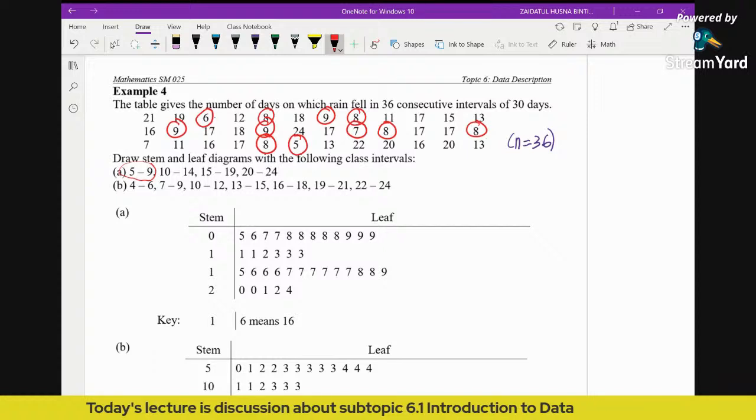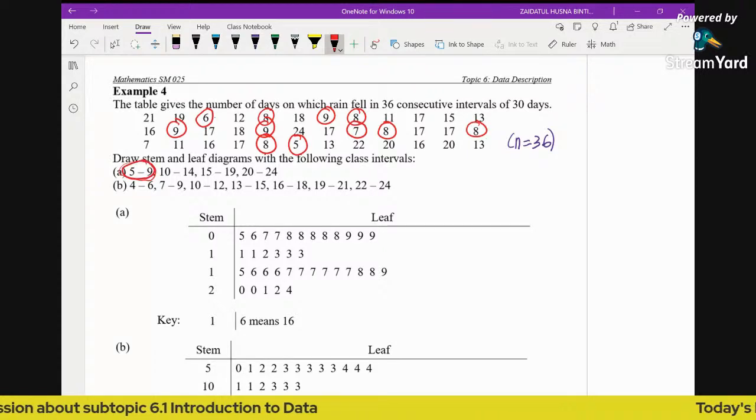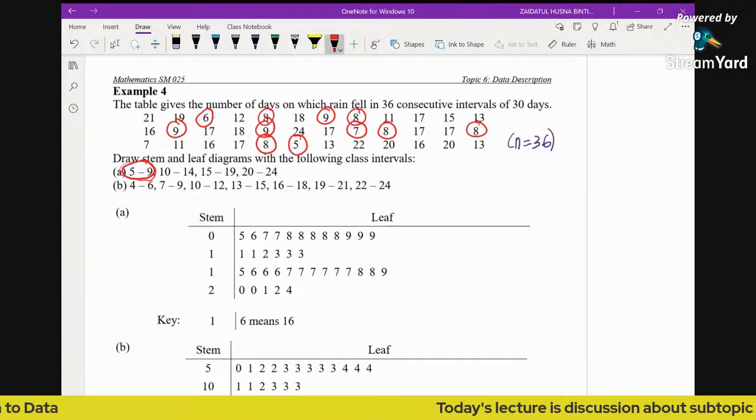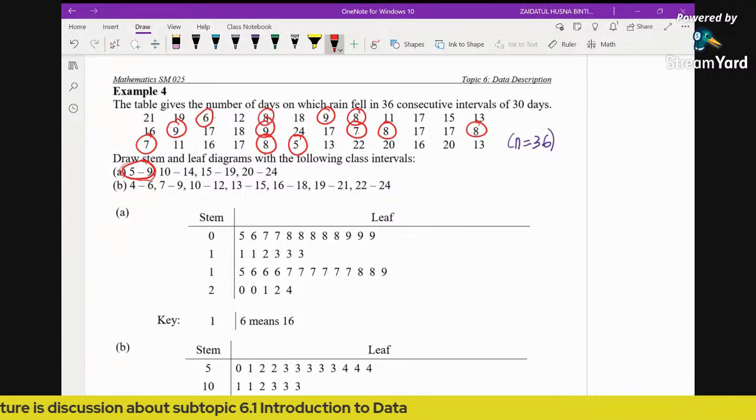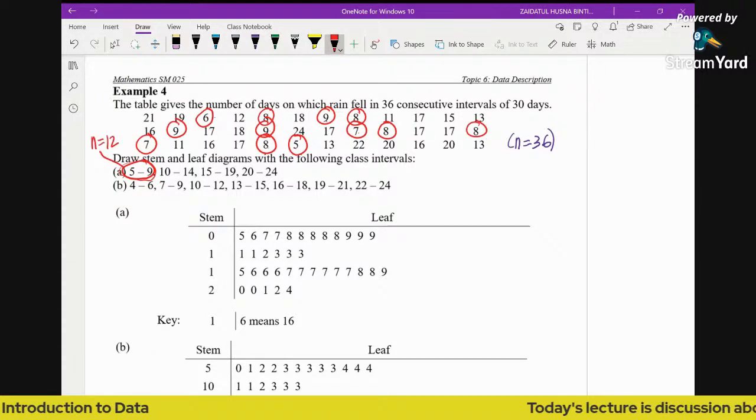Counting them, 1, 2, 3, 4, 5, 6, 7, 8, 9, 10, 11. Am I missing any? Yes, we do have 7 here. So there are 12 readings that fall into this interval.